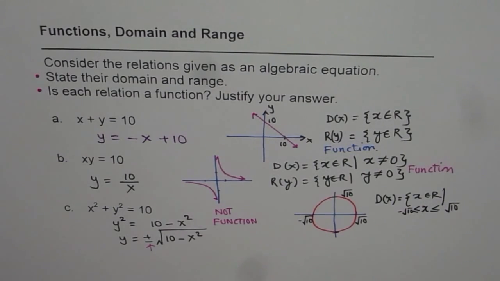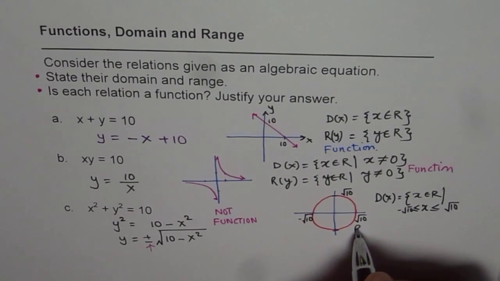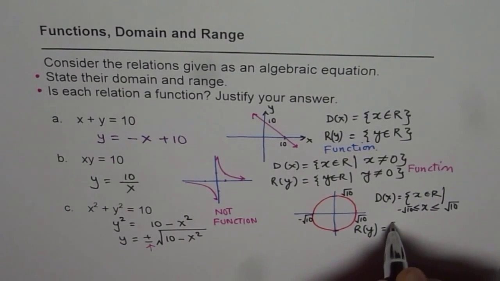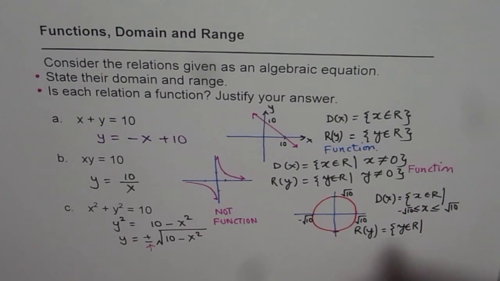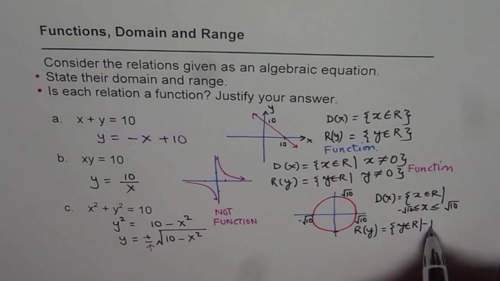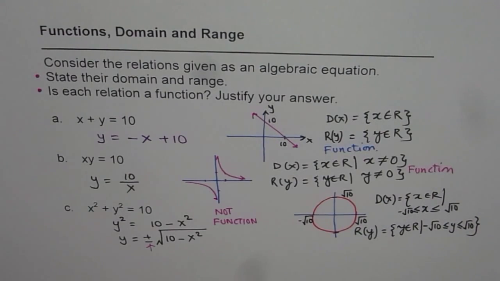That is how we can write the domain, right? Everything in between, including plus and minus square root of 10. As far as range is concerned, the range is also y belongs to real numbers such that y is between minus square root of 10 and plus square root of 10. So that is how we can write domain and range for this relation.